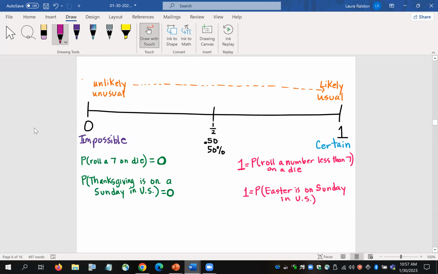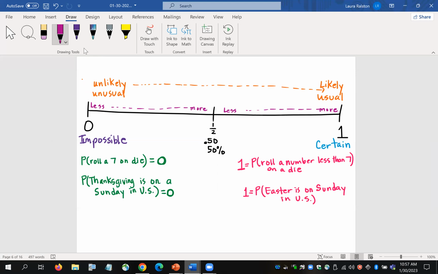So, this is going to be less, and we think about more, less, more. And again, the 50% mark is the delineation. So you would have less likely, or more likely, less unlikely, more unlikely, or less unusual, more unusual.